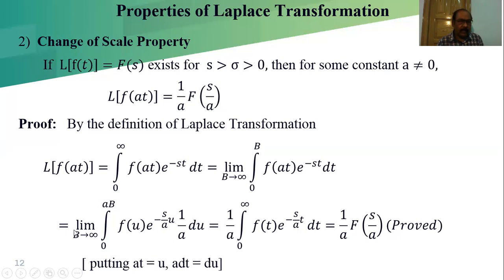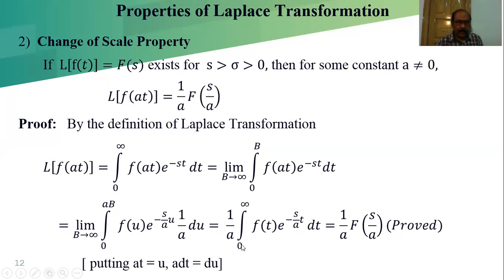Now we can change the limits: 1 by a, 0 to infinity, and u and du are all variables we can change to our actual variable t. Any time in an integration, if we change the variable to another variable, it does not change the value of the integration. So u we can change to t.